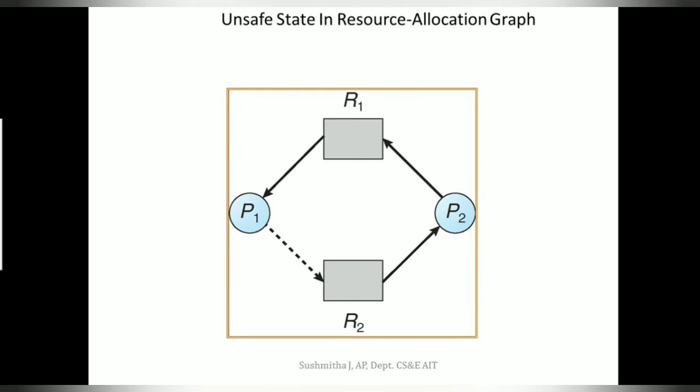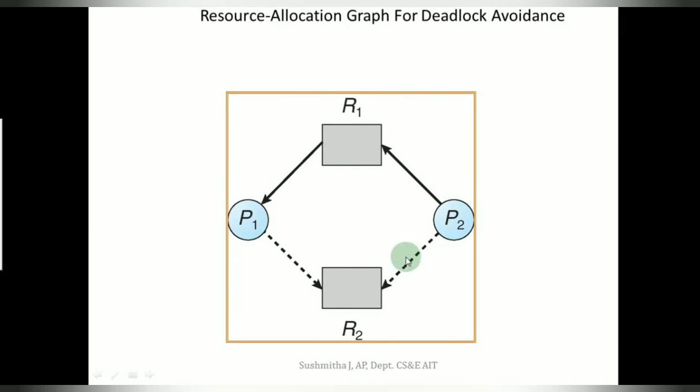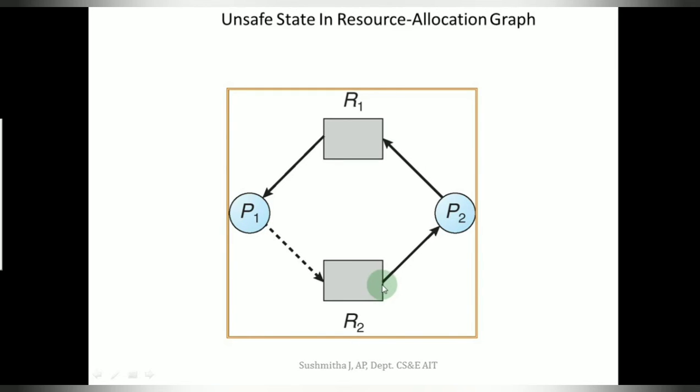Yes. If it is leading to a cycle, then probably we would not do so. Previously this was a claim edge, that is P2 is claiming R2. Now if P2 is assigned R2, it forms a cycle.